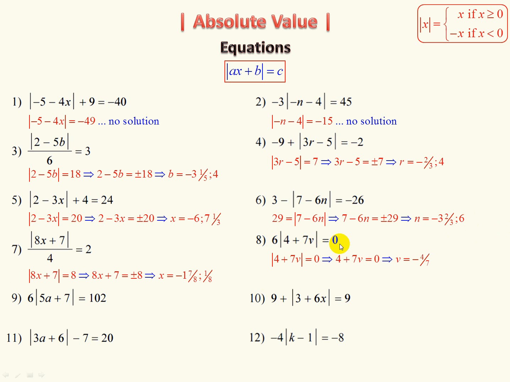When we divide by the 6, 0 divided by 6 is still 0.